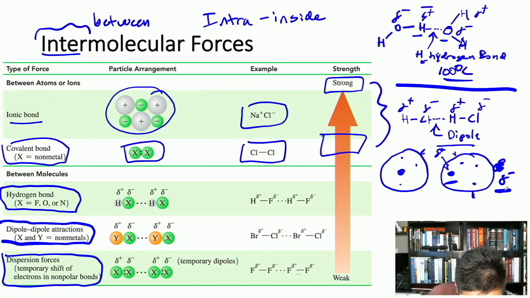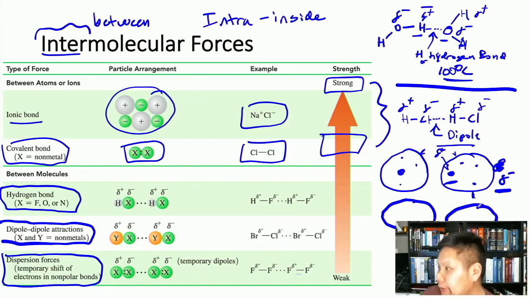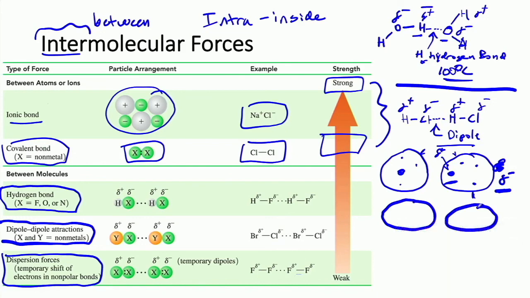So what happens then is the result is this. I'm going to shut myself off for a second here so you can actually see what I'm drawing. Now, these dispersion forces cause the nucleus to be on one side, with electrons here, and the nucleus on the other side, with electrons here.